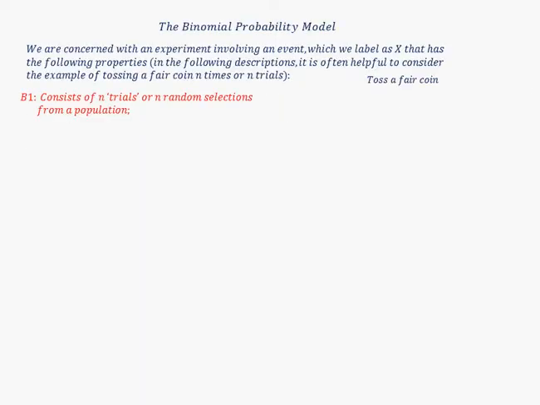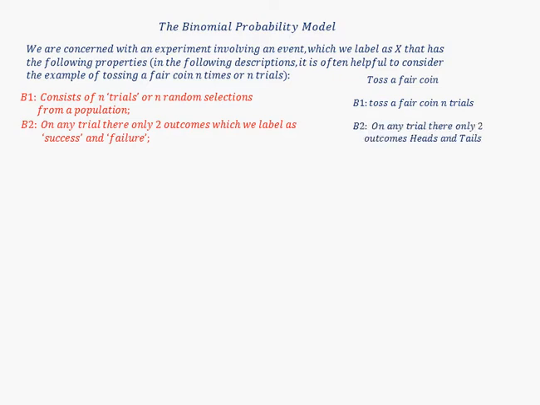We want to look at the postulates of this model, and we ask you to think of the example of tossing a fair coin. It consists of n trials or tosses from a population. The second postulate: on any trial there are only two outcomes, heads or tails, success or failure.